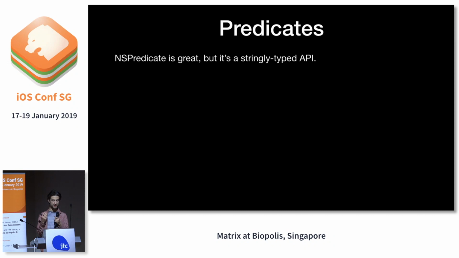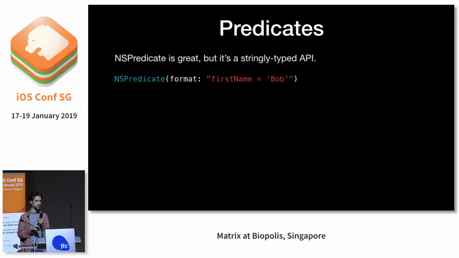So when we think about predicates in iOS development, we often think about NSPredicate, which is part of the Foundation API, and it's a great API, it's been there for a long time, but the bad thing about it is that it's an API that dates from the days of Objective-C, and basically it's a stringly typed API, meaning that if I want to build a predicate that is going to filter out or filter in only the elements whose first name is Bob, I have written the name of a property, the name of something that is part of my code, firstName, in a string, and there is absolutely no guarantee that the compiler will be able to check if I make a typo.